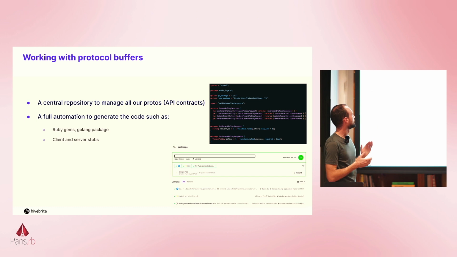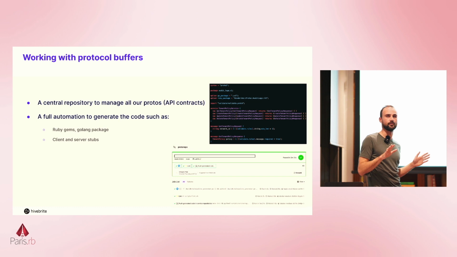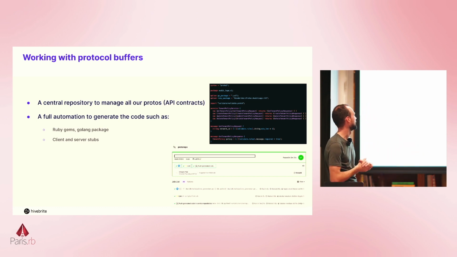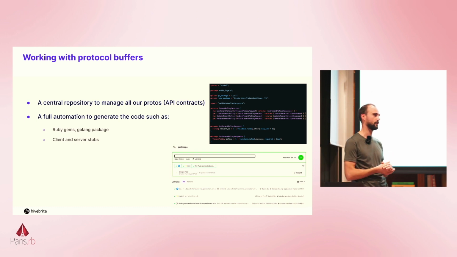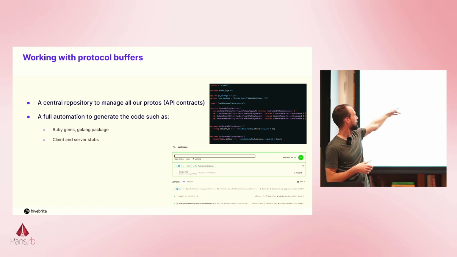So this code here will basically package a Ruby gem, a Golang package. Everything has been industrialized to do kind of nothing. You just have to fill your contract and push it, and the CI will be responsible for generating the code: the Ruby code, the servers, the clients, and in Go also, if you specify at the top that you want a Go package.